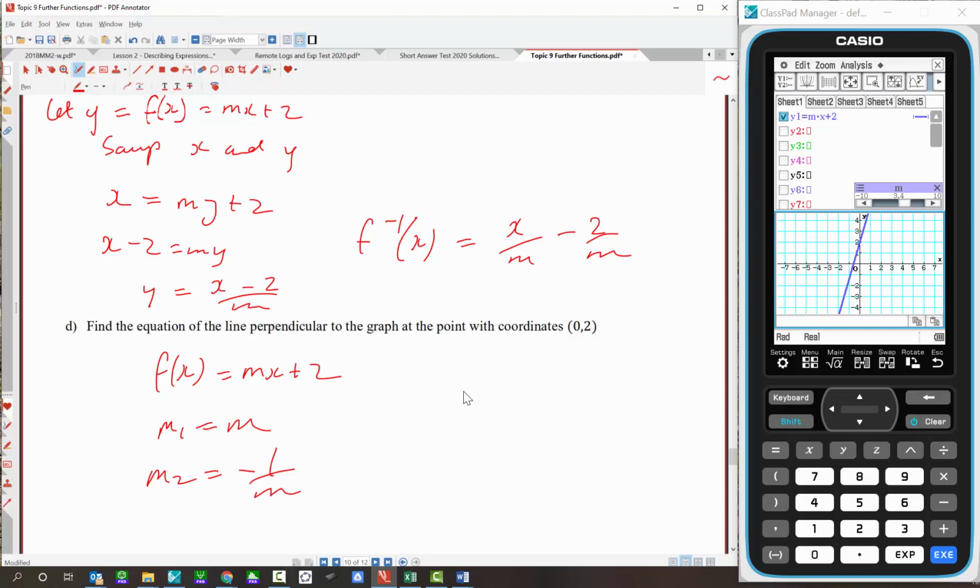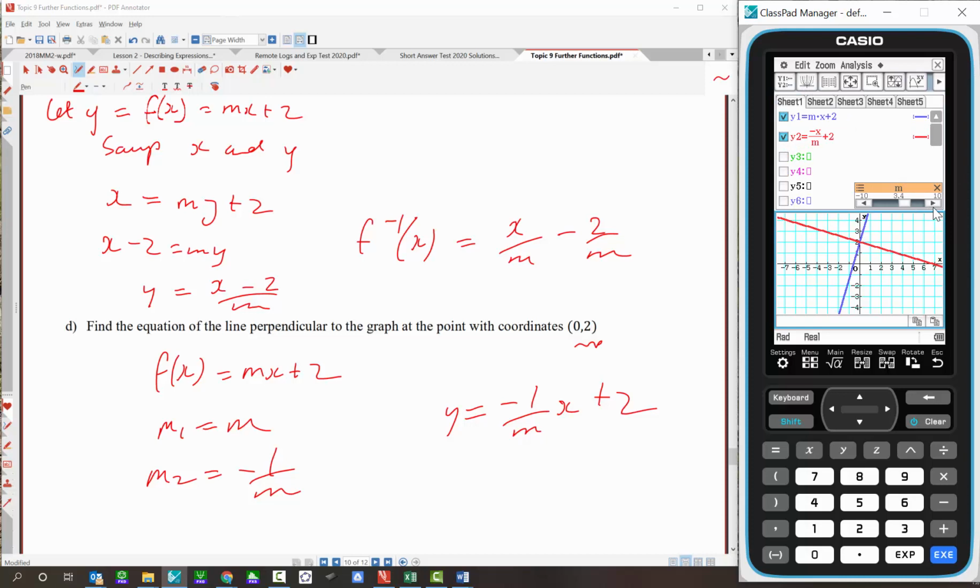And so our function will be y equals -1 on m times x, and it's got to go through the y-intercept 2, so it'll be that. Let's graph that and see what happens. What it should produce is a graph that's perpendicular that runs through there. Let's just see whether that happens. -x on m plus 2 and graph.